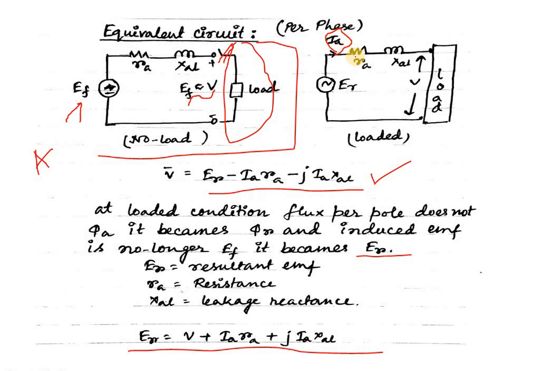IA current flowing means there will be an IARA drop here and an IAXAL drop here, and the output voltage is V. So our input EMF is ER = IARA + jIAXAL + V.